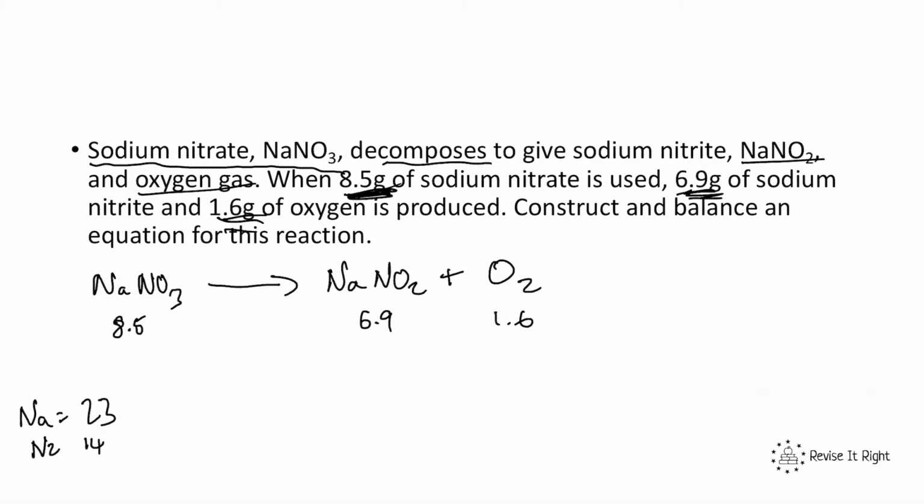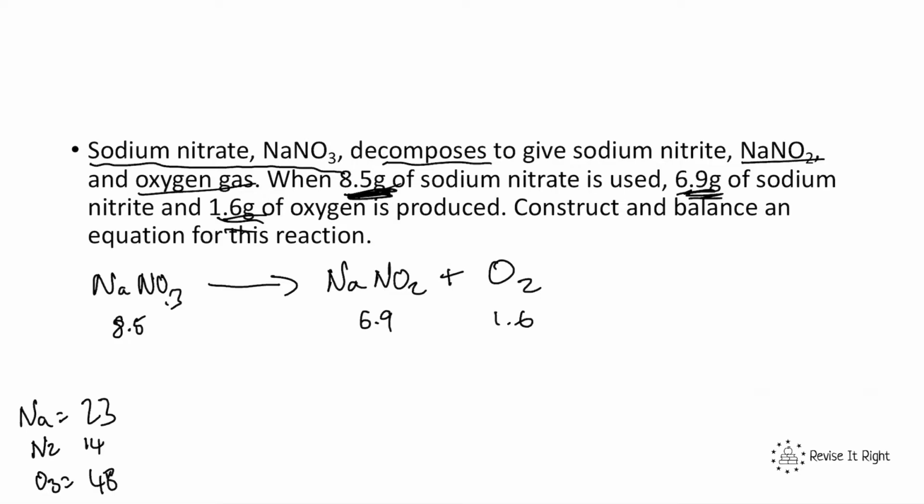And O3: oxygen is 16, but there's 3 of them, so times by 3, it's 48. If we add them all up, 23 plus 14 plus 48, we get 85.